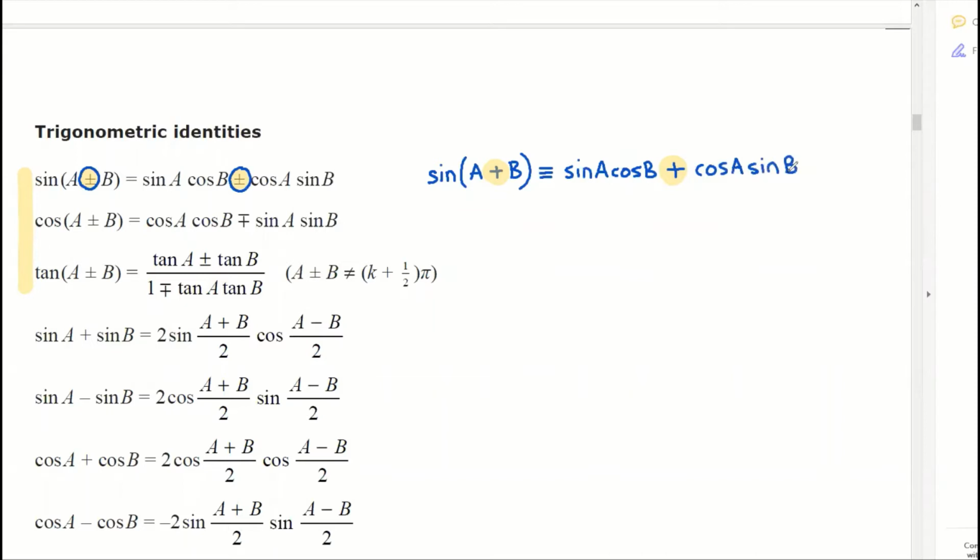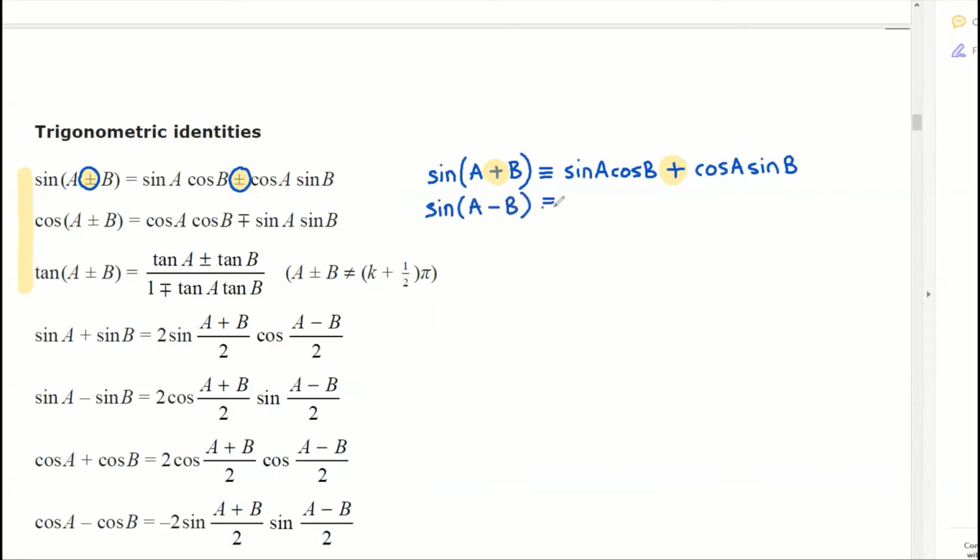Now, these are useful because it means that we can separate out the angles A and B using these identities, and you'll see more about that later. Similarly, if I was going to write a subtraction, so sine of A subtract B as a single angle, I would do almost the same thing.